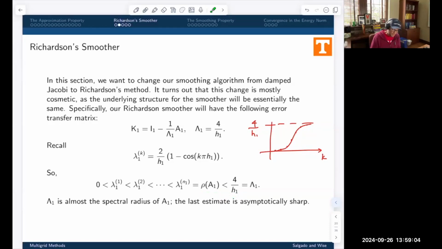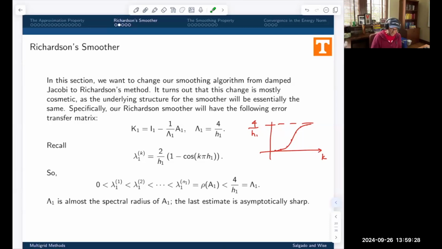So this Richardson smoother somehow involves, instead of using, remember we had some formula for the optimal omega when we were talking about the Richardson smoother. Well, that was optimal if we wanted to make our error reduction as small as we could possibly make it across the whole spectrum.